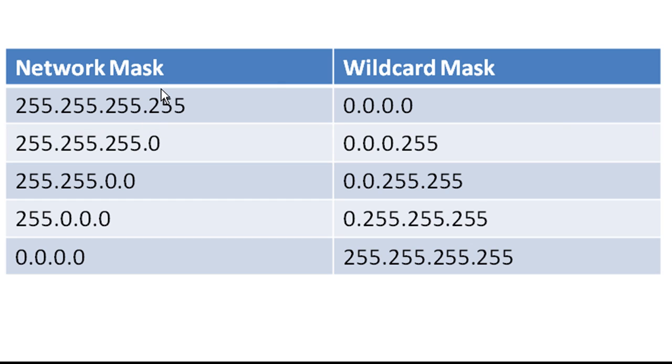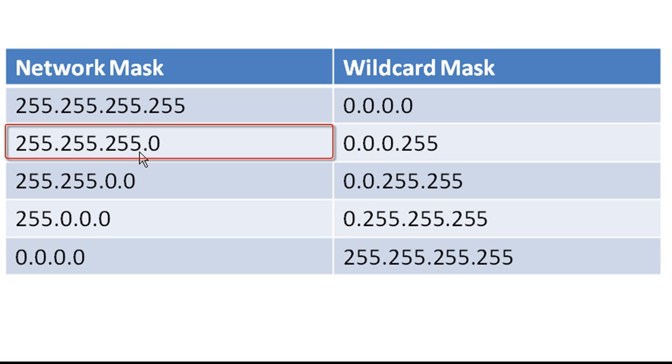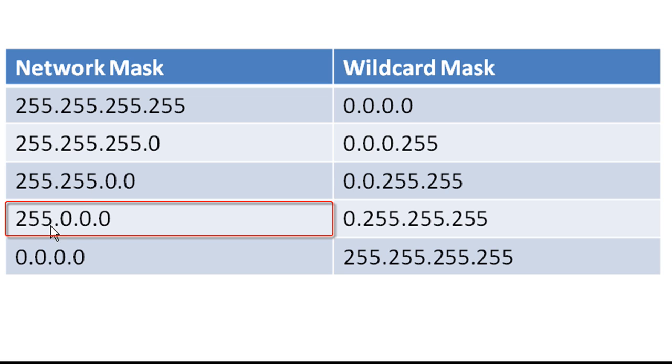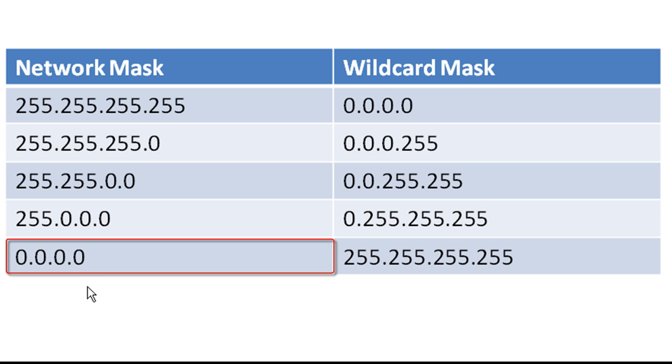This is pretty easy to understand from a contiguous bit standpoint. What I'm talking about with contiguous bits is that here you've got contiguous ones. It's all ones. Here you've got 24 ones followed by 8 zeros, 16 ones followed by 16 zeros, 8 ones followed by 24 zeros, and here's all zeros. So you don't ever have a situation where you're going 1, 0, 1. So it's pretty easy to change these.